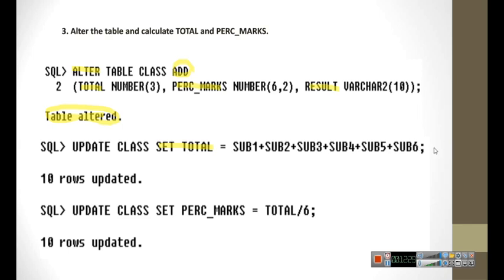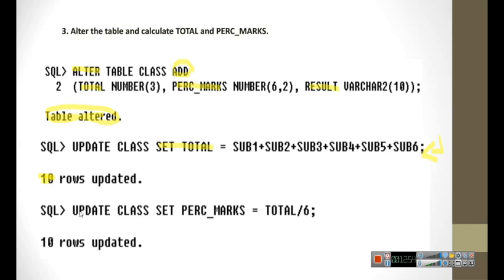Give a semicolon and hit the enter key. Total marks will be displayed under this particular total column. Here you can see 10 rows updated. Since we have updated 10 student records, it has to be 10 rows updated.